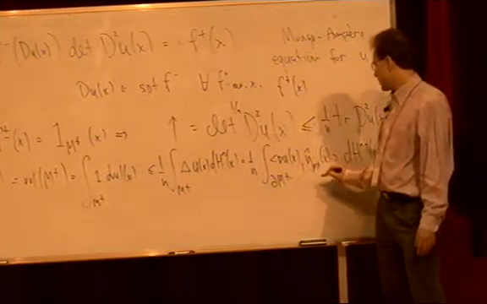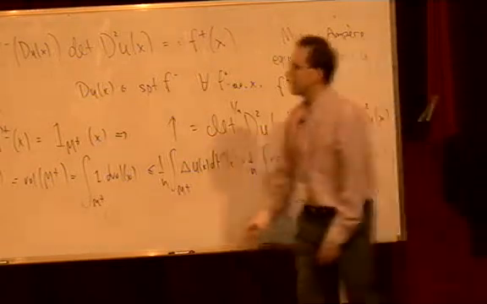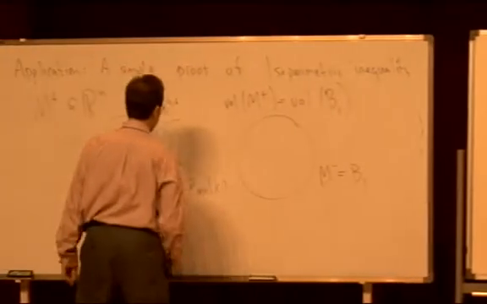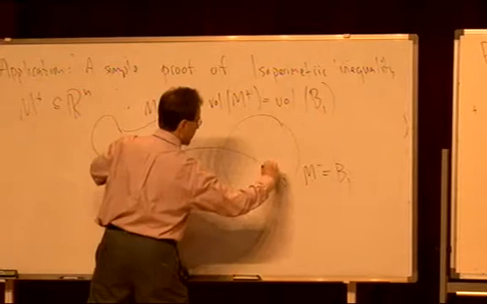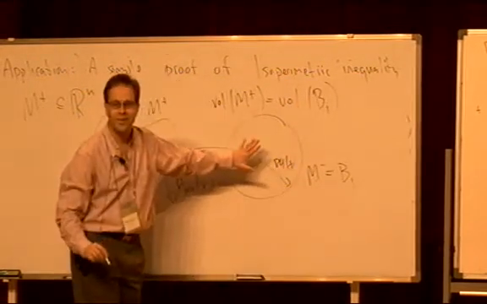So this guy is a unit vector, so it's less than or equal to 1 in magnitude. It's the outer normal at some point over here. And the gradient of u is taking values in the unit ball, somewhere in the unit ball.